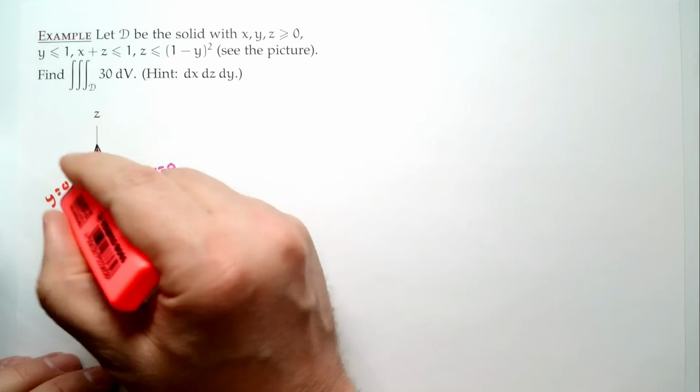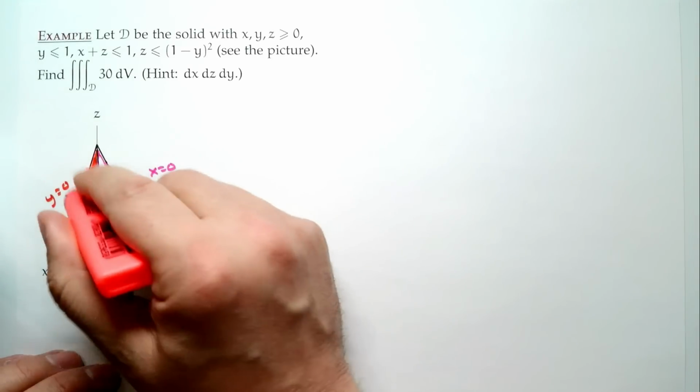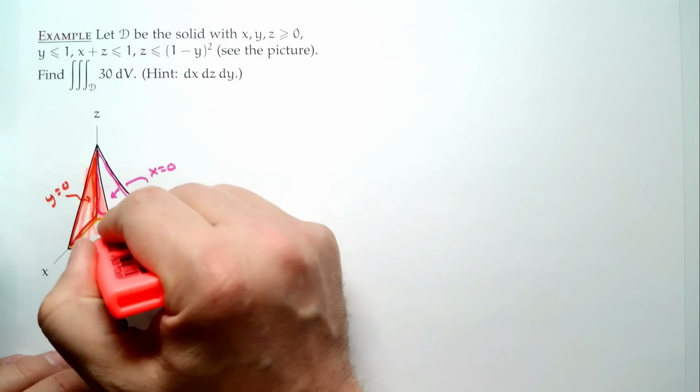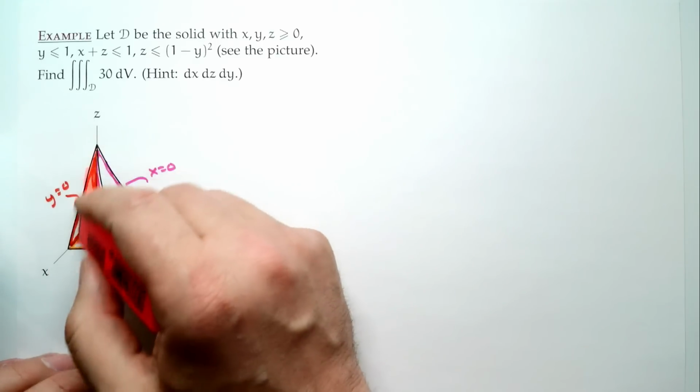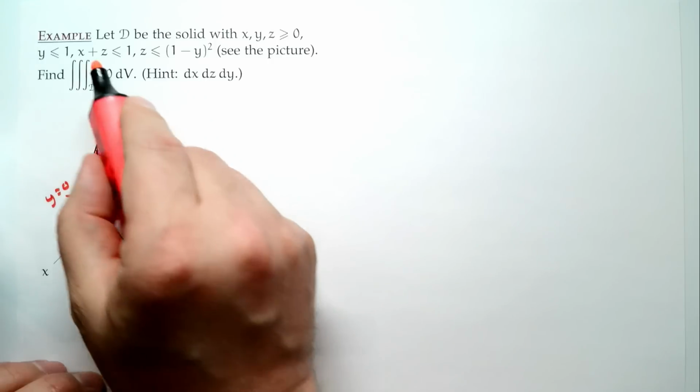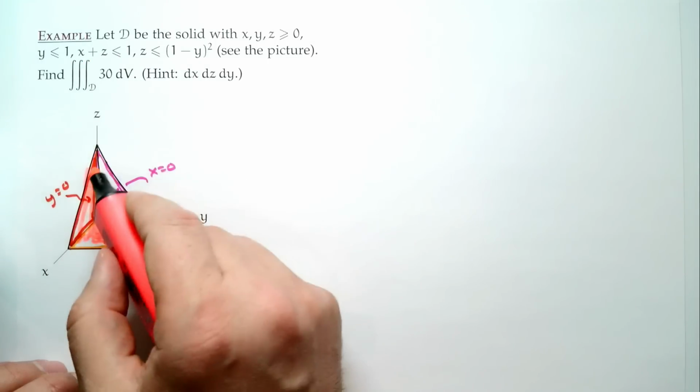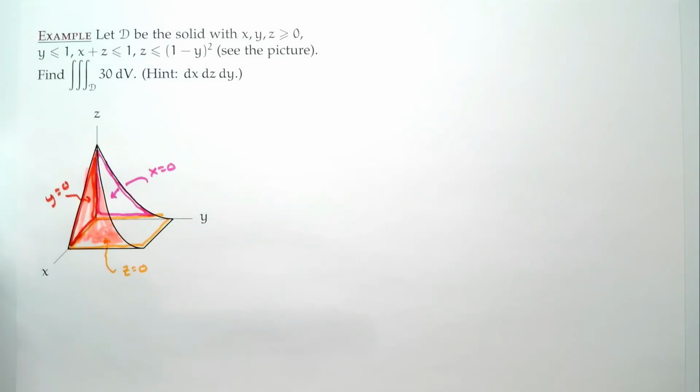So I also have this front face. Now it's not so clear to me what that front face is, but if I look here in the xz plane, I see this nice flat line. Notice x plus z is equal to 1. Well, there's no y dependence, which means really it's like I did something in the xz plane and I copied it. So this front face here comes from the x plus z equals 1 copied over.